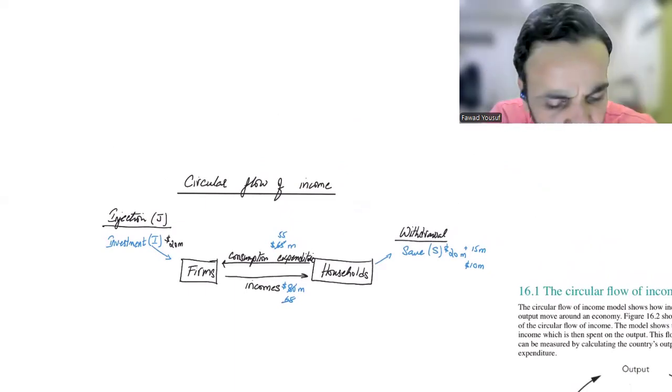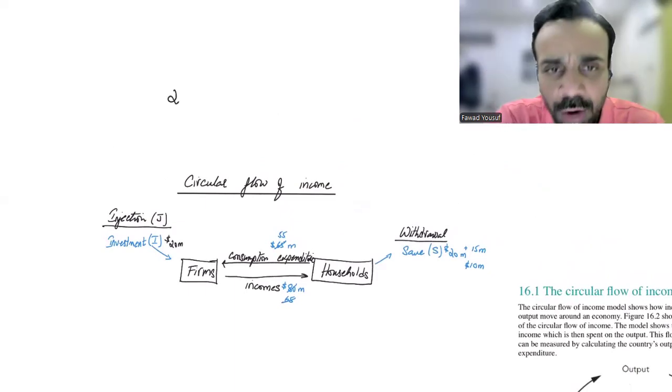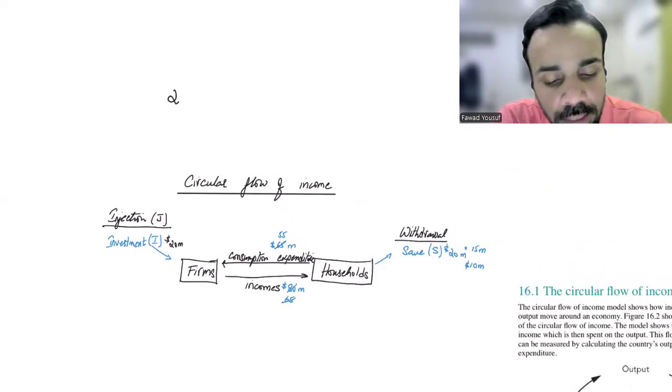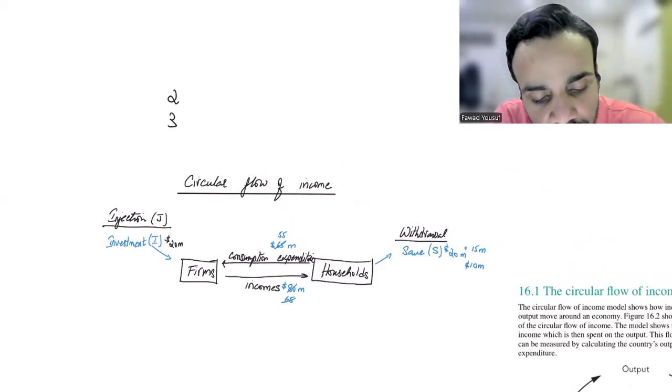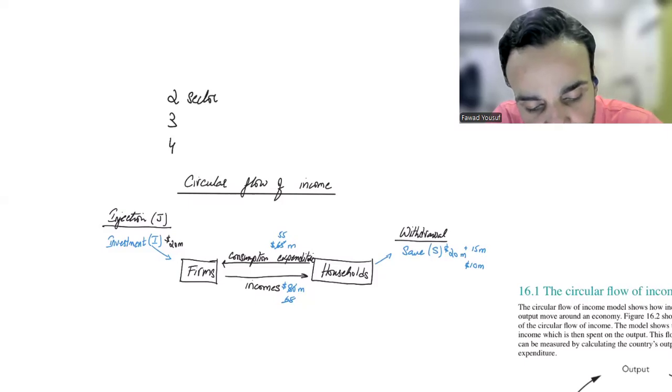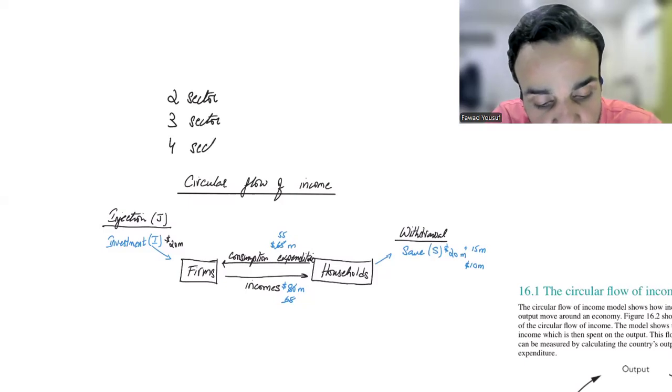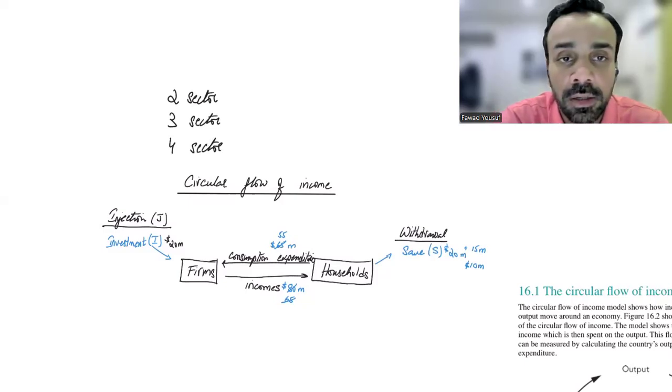What do I mean by two sector? And how many more sectors are there? So we say that there are two sector, three sector, and four sector. So if we have two, three, and four sector, then where is the first sector?